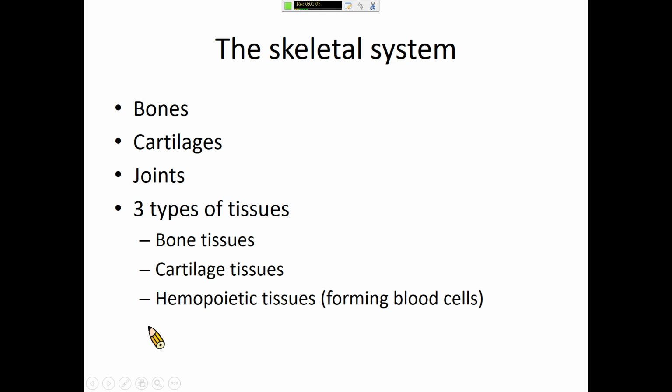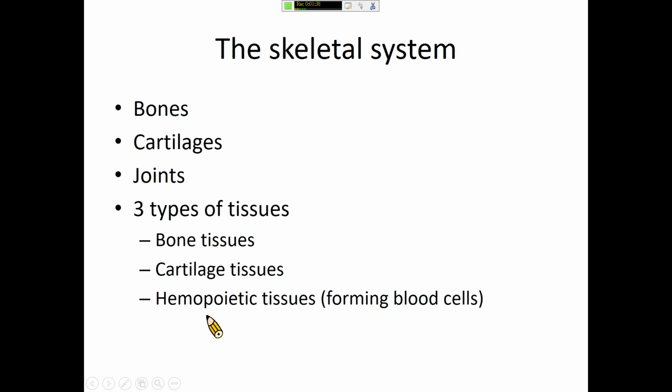In the human body there are three types of tissues. Bone tissue, which is hard, rigid. Cartilage tissues, which is not so hard, a little bit rigid, not so rigid.